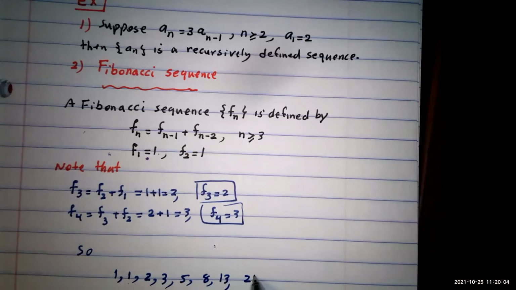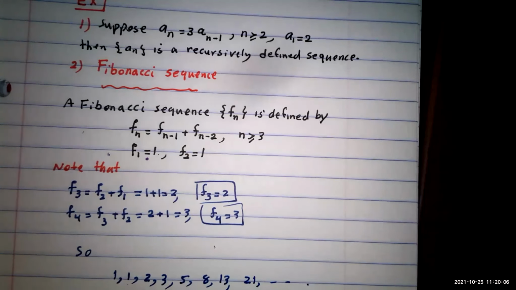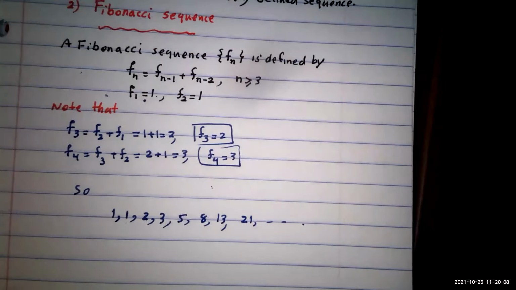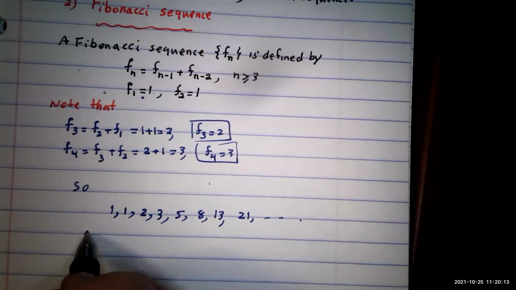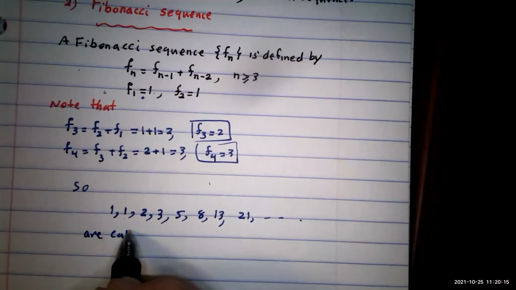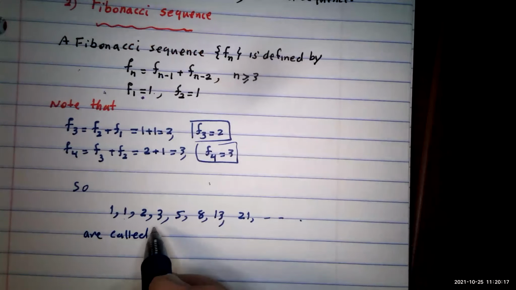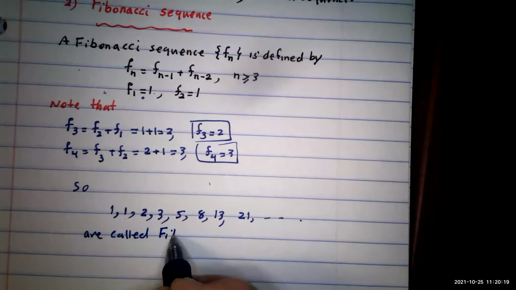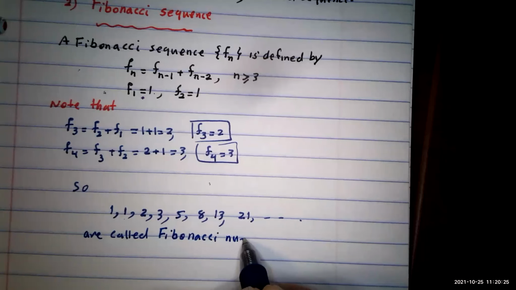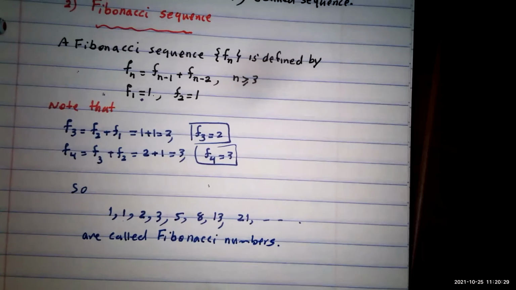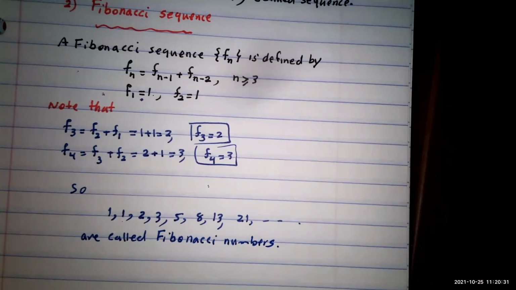Then 21, etc. This result is going to be called the Fibonacci numbers. So that's this famous sequence.